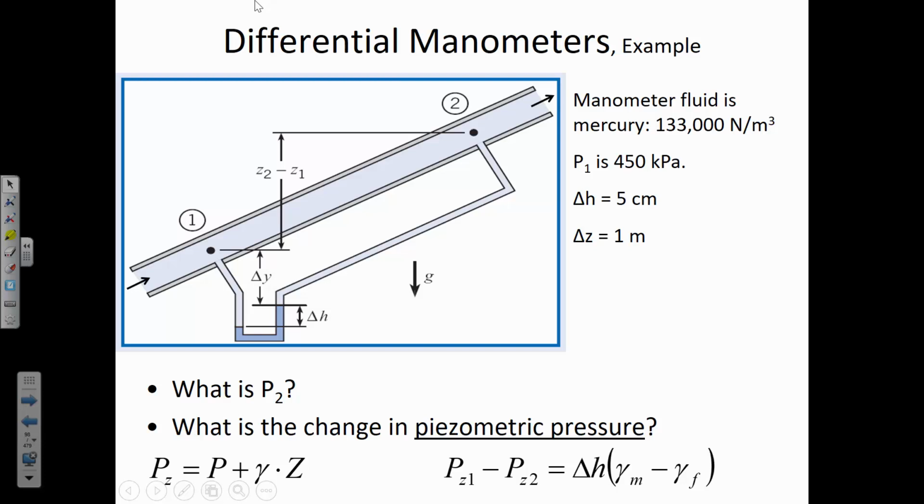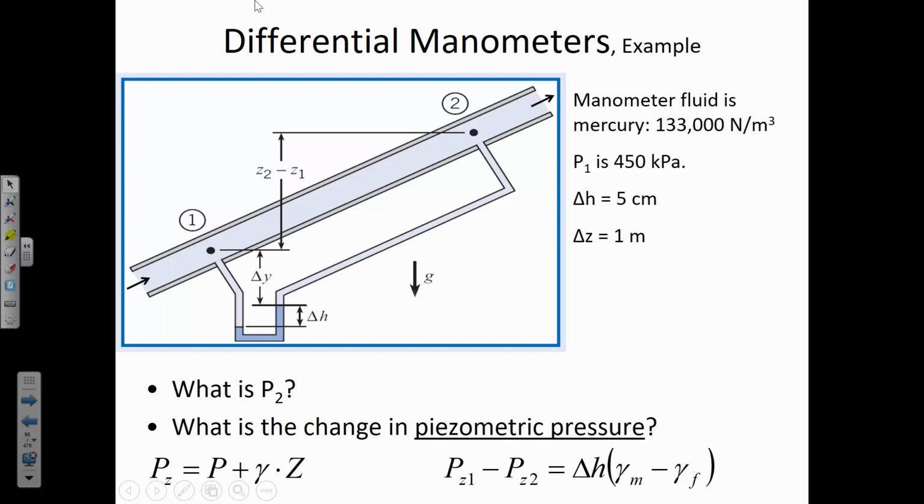And then that takes us to this interface, which is the same as there. And now I'm going to go up through the manometer fluid. So instead of plus, it's minus, because we're going to go up. So now minus delta H times gamma of mercury.